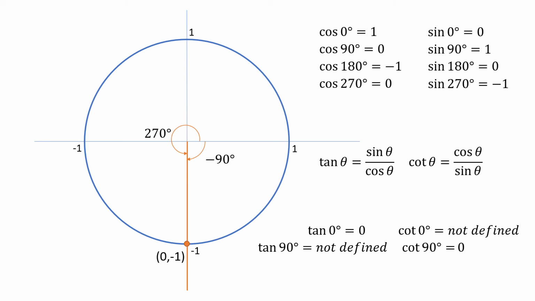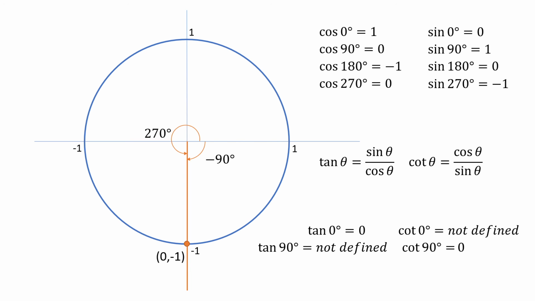If I kept cotangent as 1 over tangent, which works perfectly fine except for these extreme cases, in case of 90 degrees, tangent is not defined. So if I define cotangent as 1 over tangent, cotangent would not be defined as well. But on the other hand, if I define it as cosine over sine, I can get cotangent perfectly fine as 0.